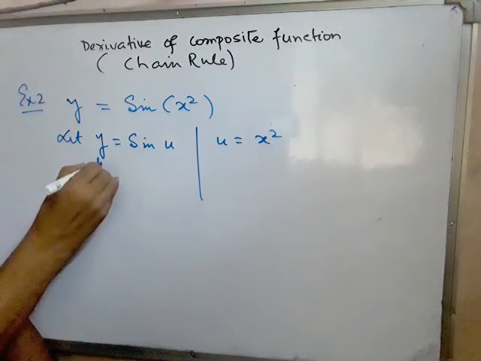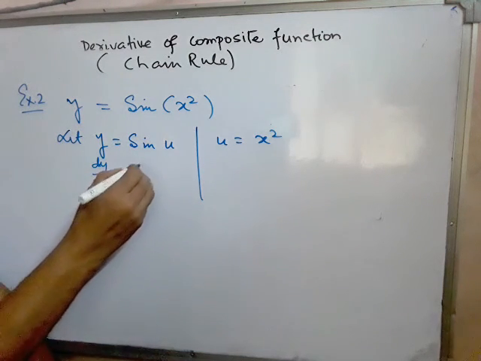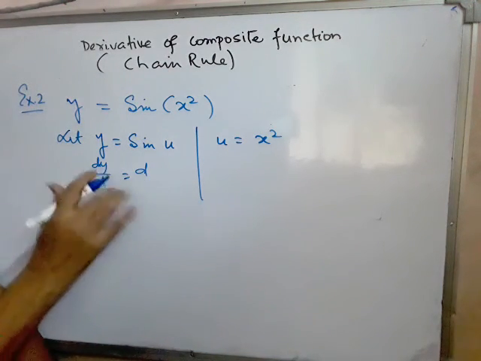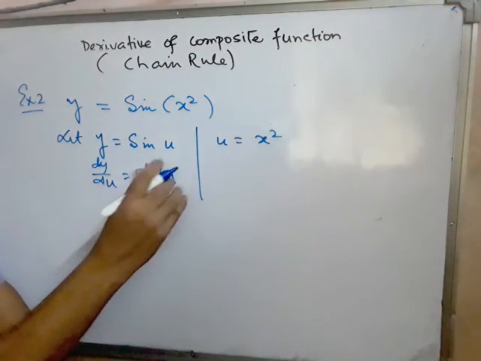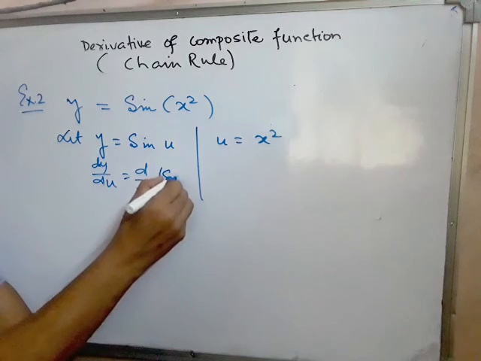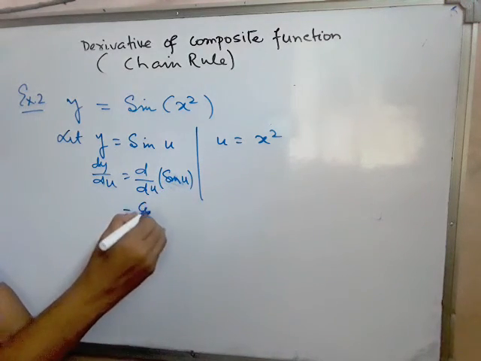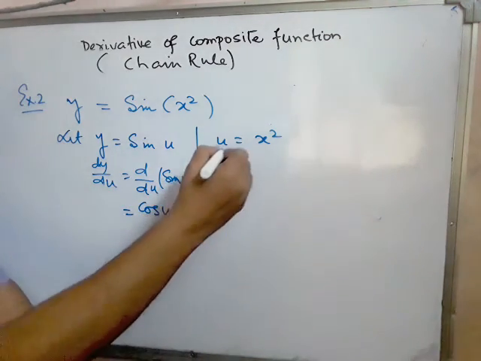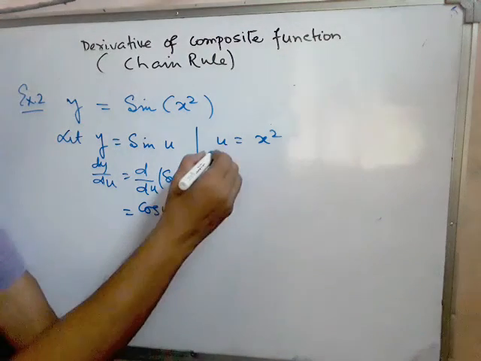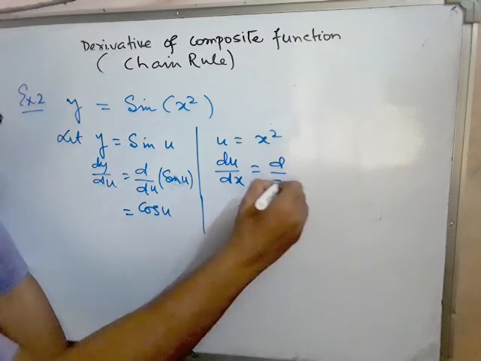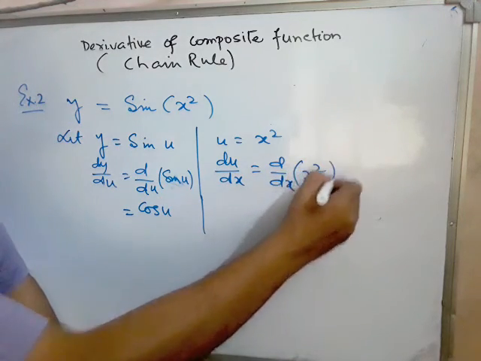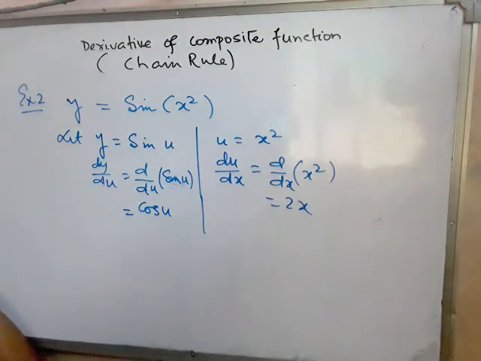So therefore dy by dx equal to dy by du, d by du of sine u, which is cos u, and u equal to x square, and therefore du by dx equal to d by dx of x square, which is 2x.